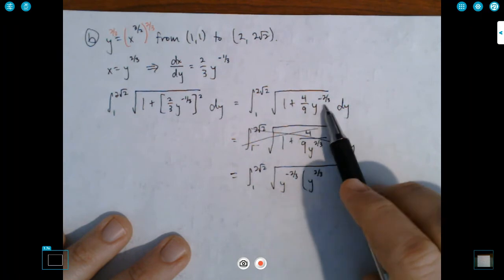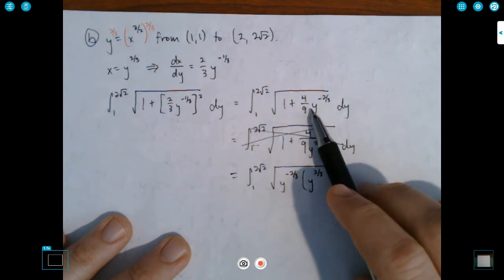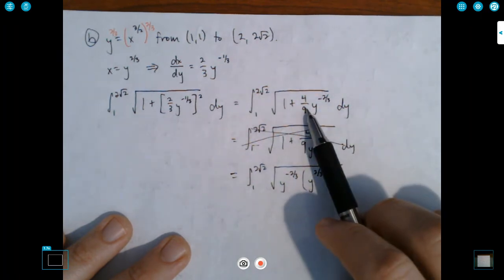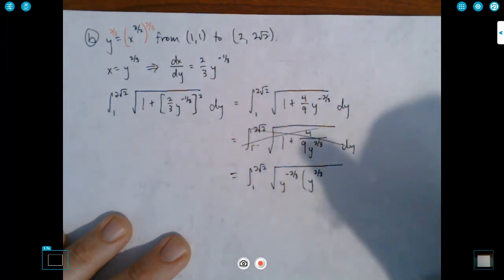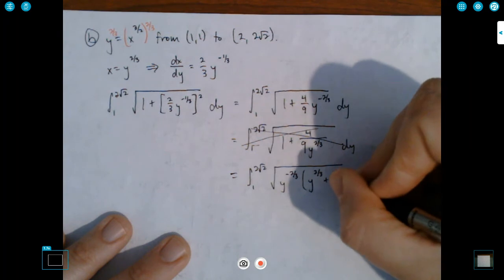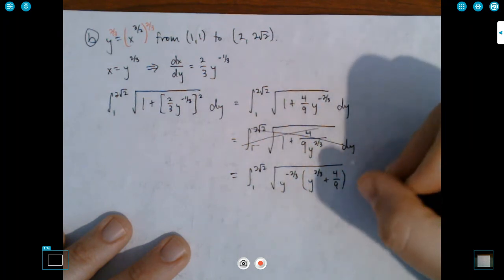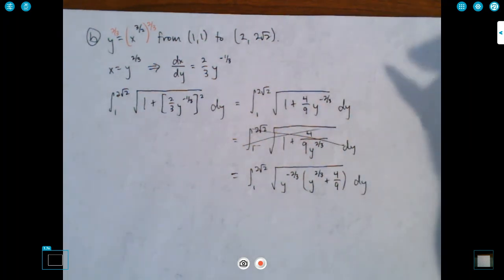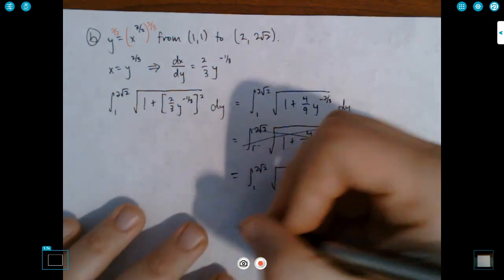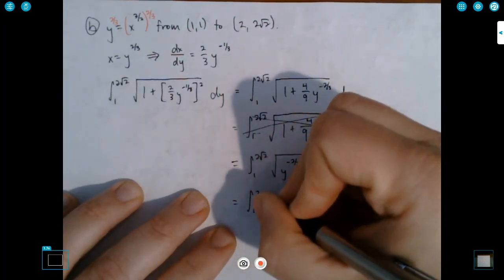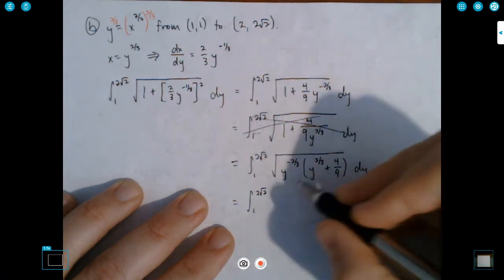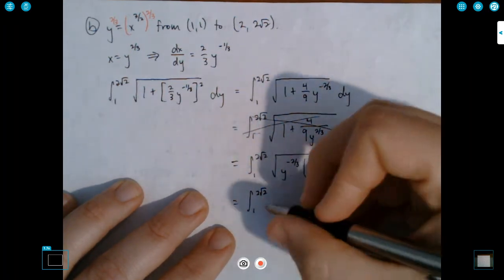And here I would have, well, whatever. I was going to try to take the square root of that. It's fine. Here I would just have a 4/9 left over, so plus 4/9. Why not? So I'm going to go one step further. From 1 to 2 root 2, I can take the y to the negative 2/3 out of the radical now.